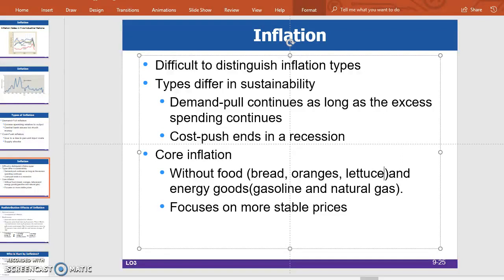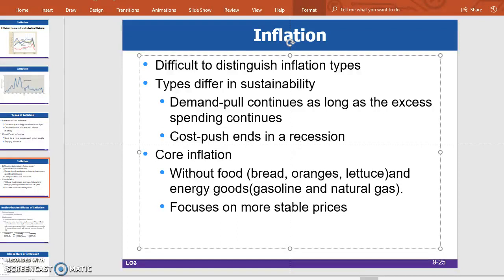So sometimes economists say, let us measure inflation without food and energy goods, and take a look at the real picture throughout the broad spectrum of goods and services in the economy. And that is when economists measure core inflation.